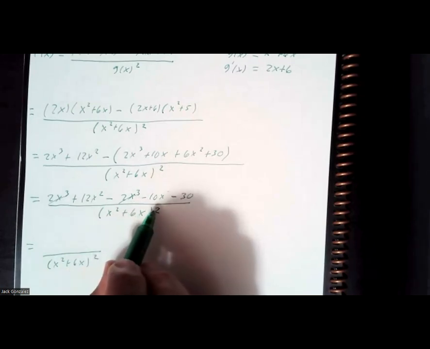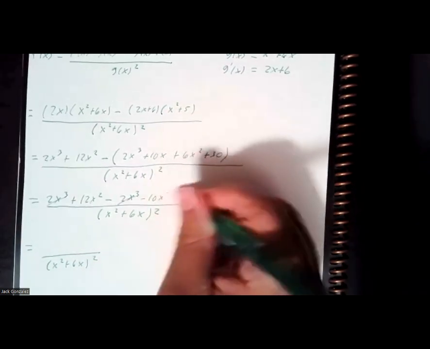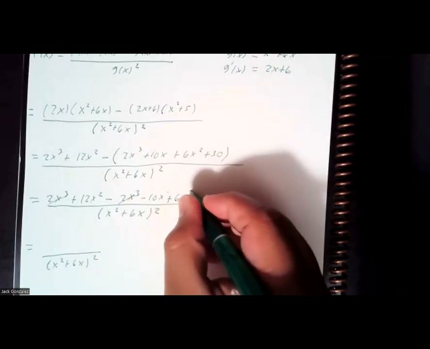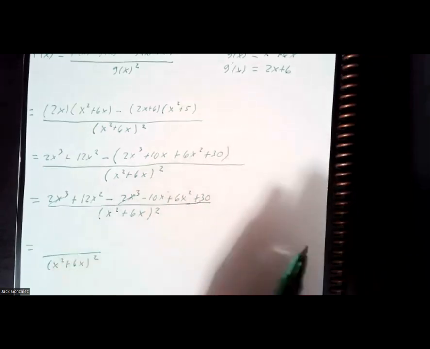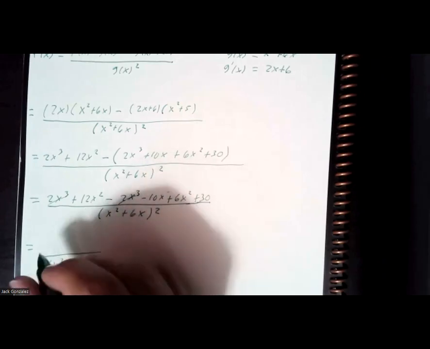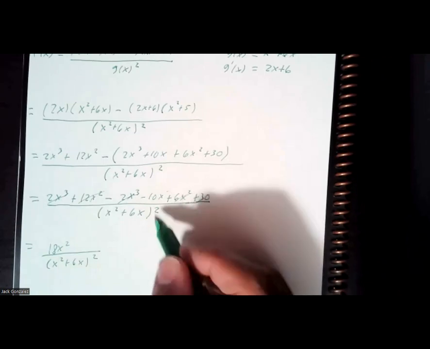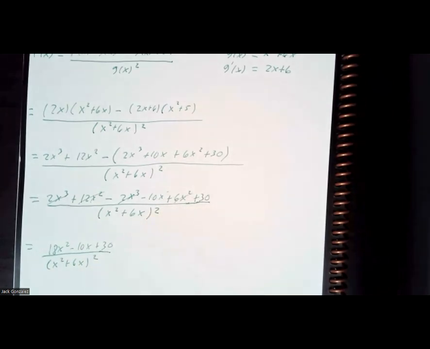That was the only mistake, right? And then shouldn't you still include the 6x squared? Yeah, where'd that guy go? Weird. Just kind of amalgamated them together. Yes, so it's 12 plus 6. Negative 10. Plus 30. Looks like B.